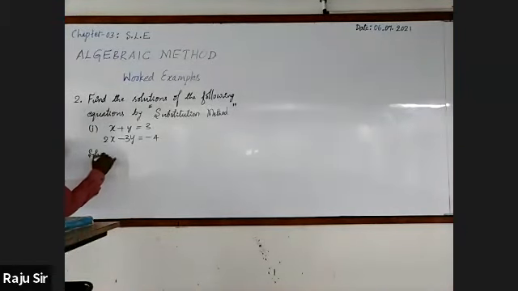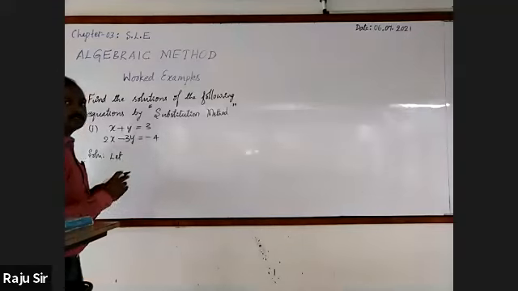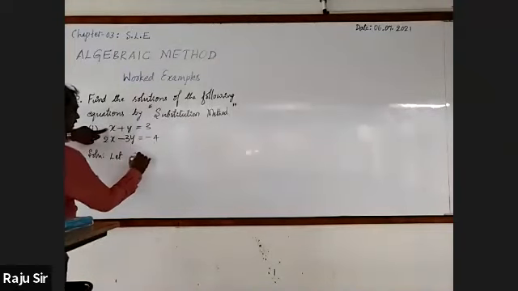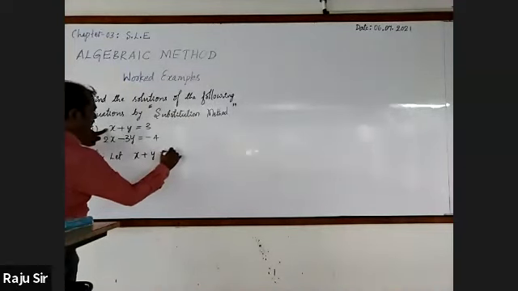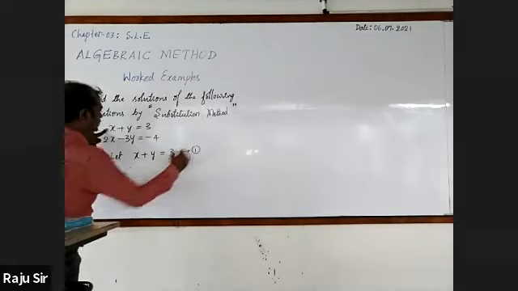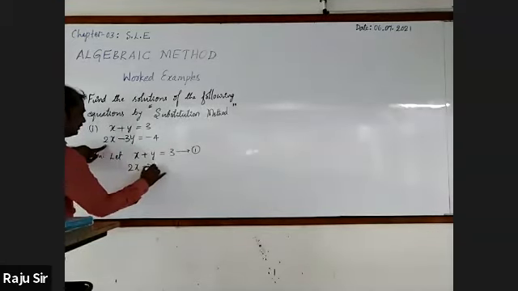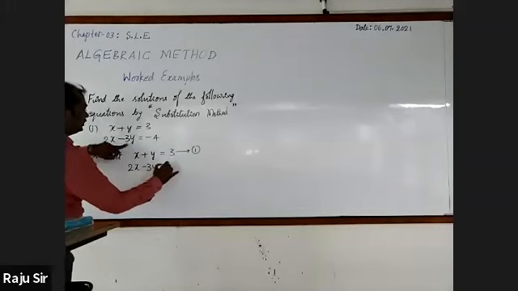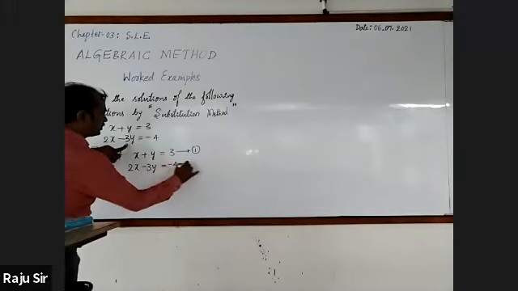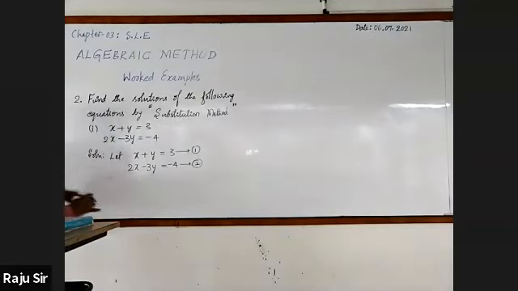The very first step is you have to write the given equations in standard form and name them as first and second equation. It is x plus y equal to 3, call it equation 1. And 2x minus 3y is equal to minus 4, call it equation 2.